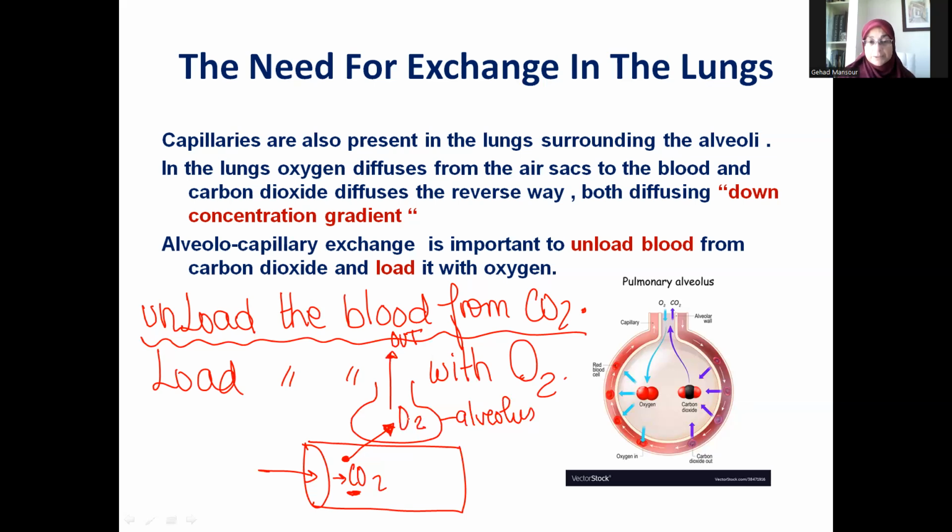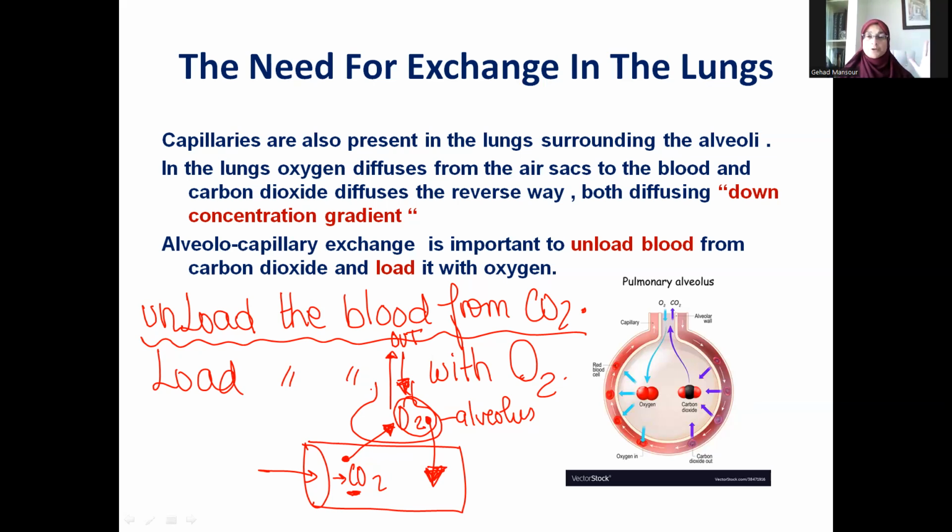Meanwhile, the alveolus is full of oxygen that comes from inhalation, and that oxygen therefore has a higher concentration in the air sac, and it will diffuse down the concentration gradient to the blood.